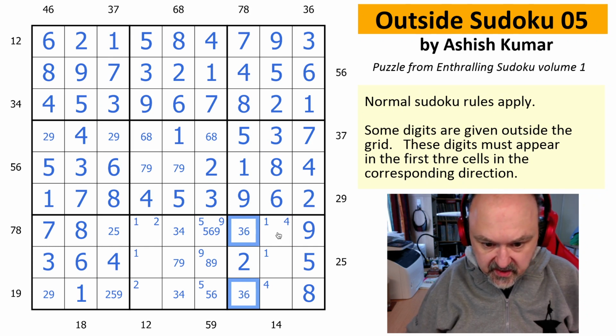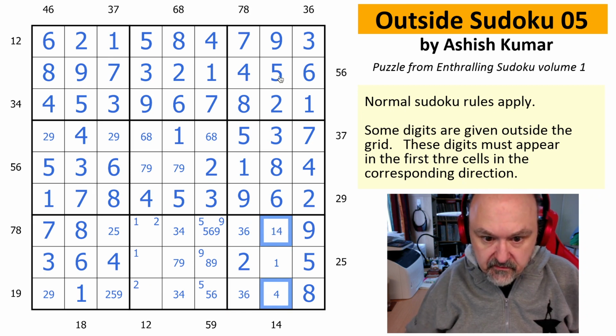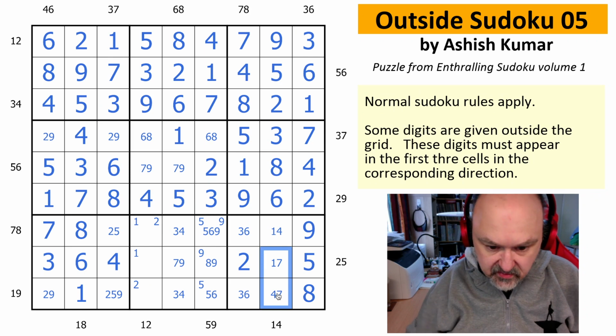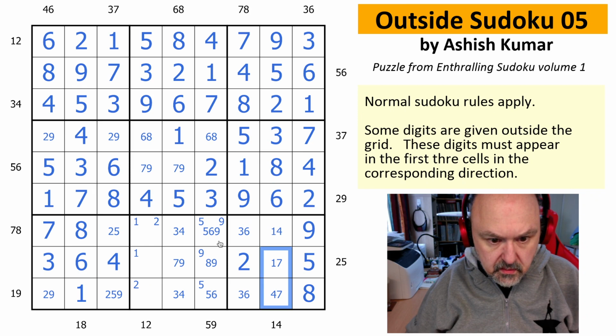Not seeing immediately how to resolve this, but this is now a known triple. We've got 1, 2, 3, 4, 5, 6, 7. It's not jumping out at me. Hmm. 2, 5, 2, 9, 3, 7. Yeah, I think I need to stop looking at outside clues.